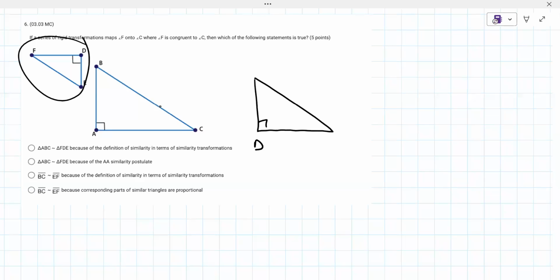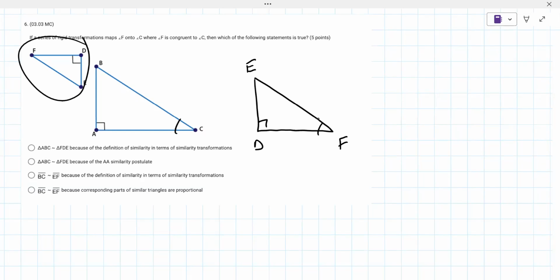So the right angle is D, and then E is going straight up, and then F is over here. Okay. Maps angle F onto angle C. We just have that there, these angles right there. F is congruent to C, then which of the following statements is true?